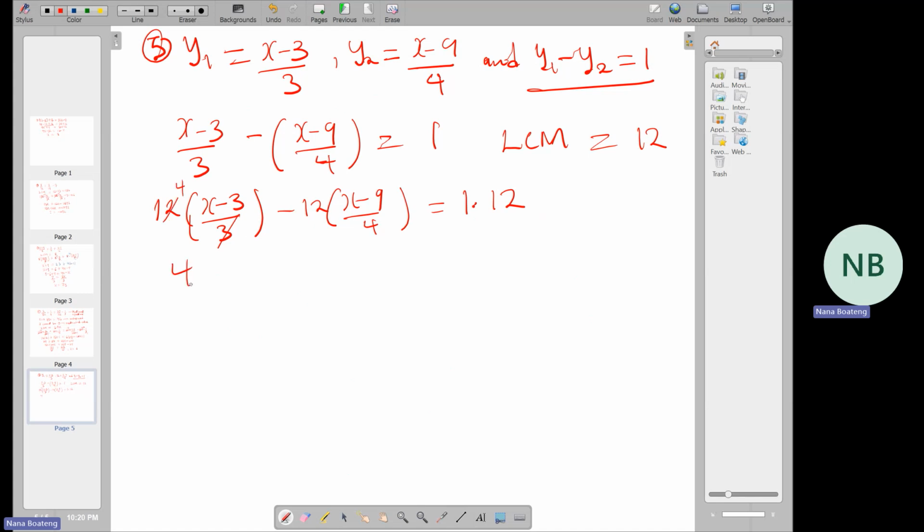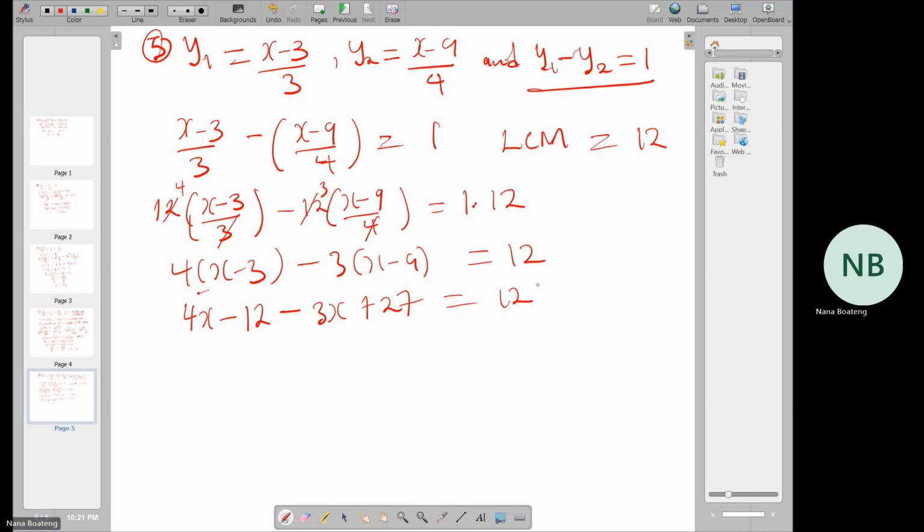So we have 4 times x minus 3, minus 4 divides 12 3 times, minus 3 times x minus 9, is equal to 12.